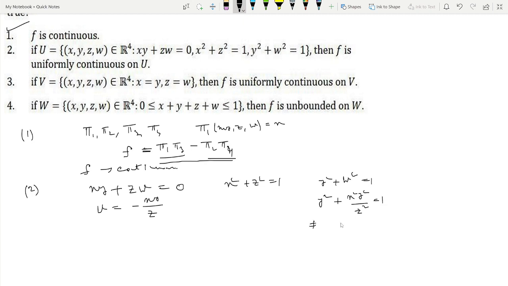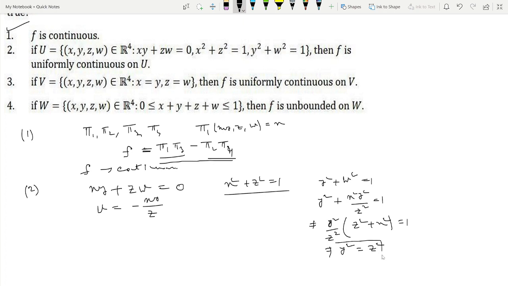From this, if we take y square by z square as common, we get z square plus x square equal to 1, and substituting x square plus z square equal to 1, we have y square equal to z square.